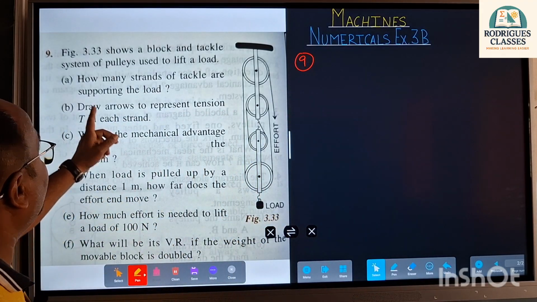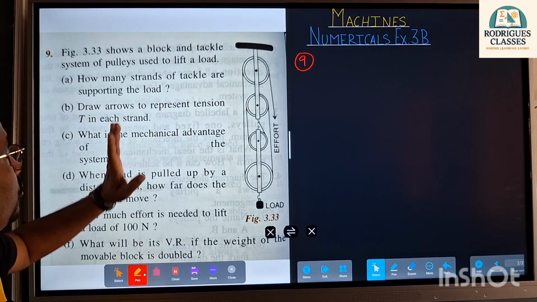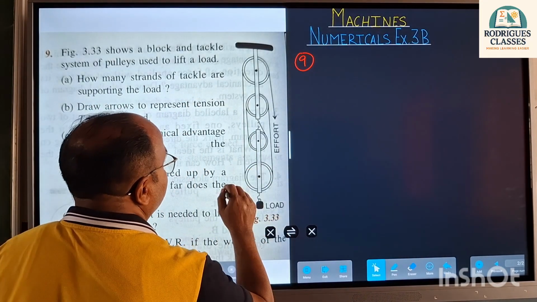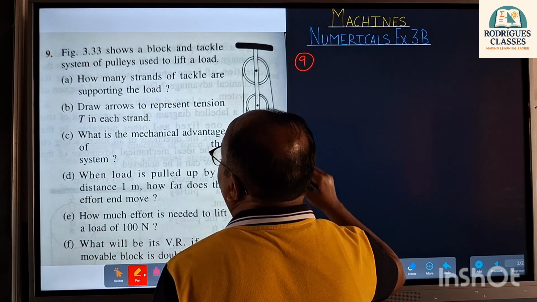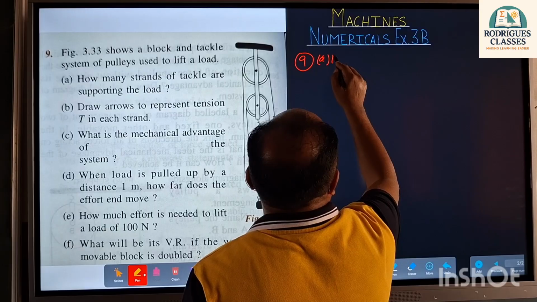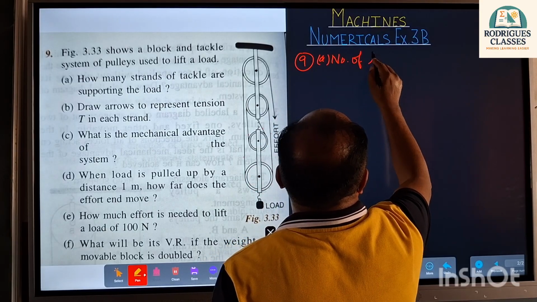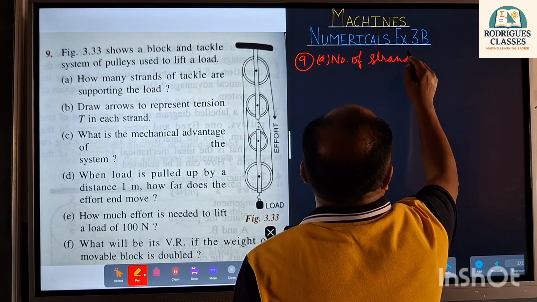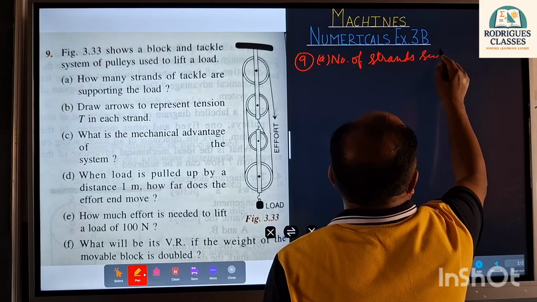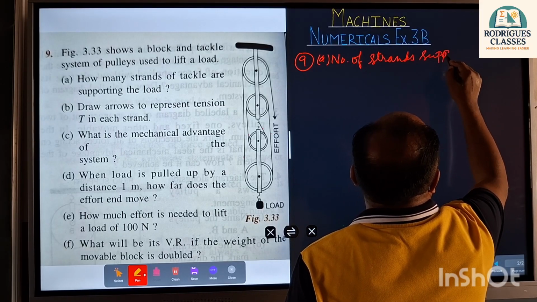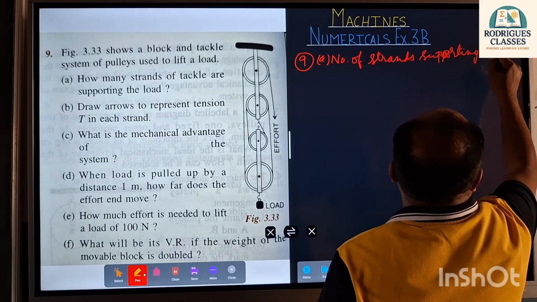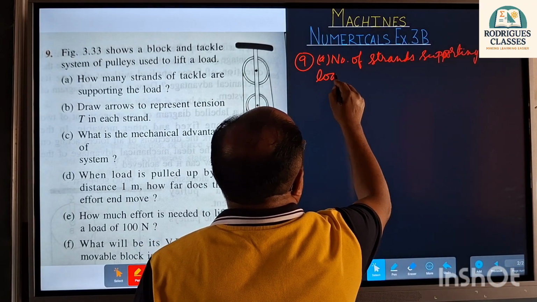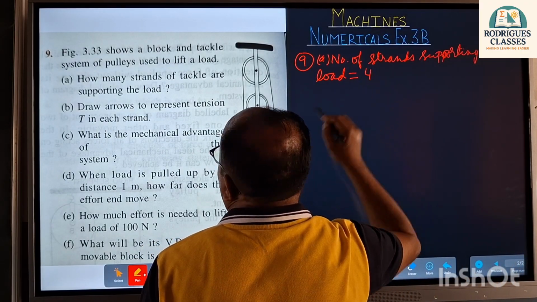To the ninth one, how many strands of the tackle are supporting the load? If I just mark it, 1, 2, 3, 4 of them are supporting it. So I will write here, number of strands supporting the load is equal to 4.